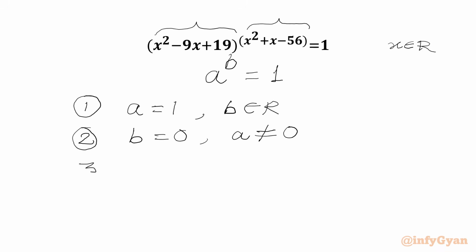And third case will be if our base is equal to negative 1 and its power is even, then we are going to get RHS 1. So we have to pass our equation through these three situations and we'll get our solutions. Let's begin with first case.